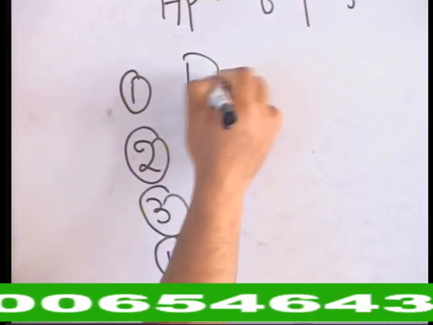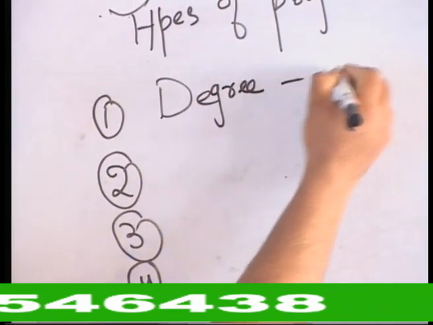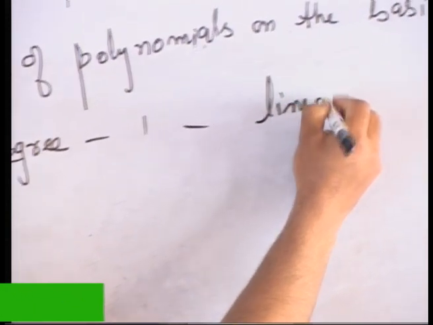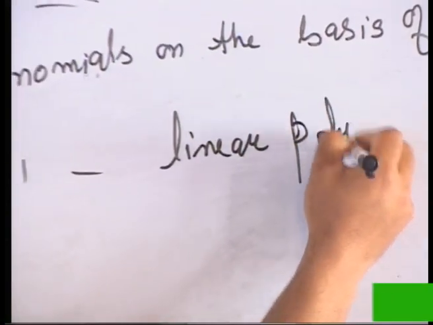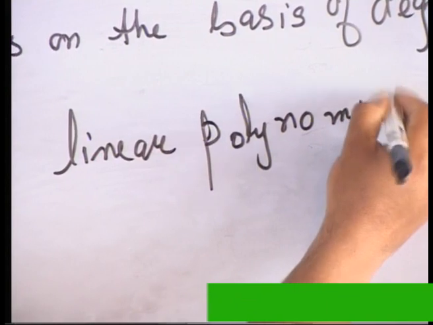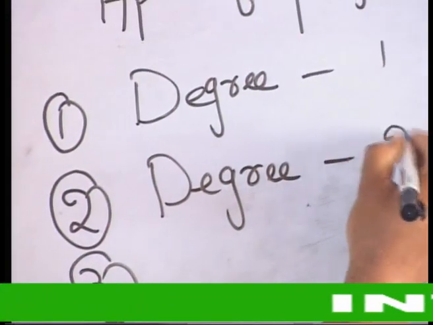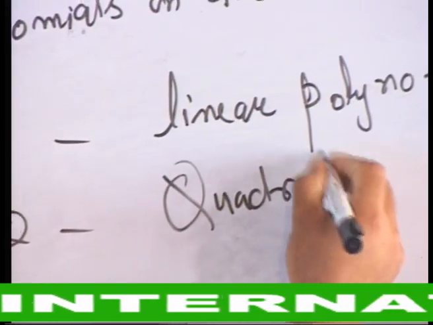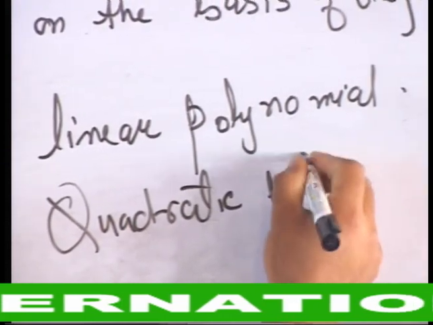Suppose a polynomial has degree 1. If the polynomial has degree 1, that is called a linear polynomial. If the polynomial has degree 2, that is called a quadratic polynomial.